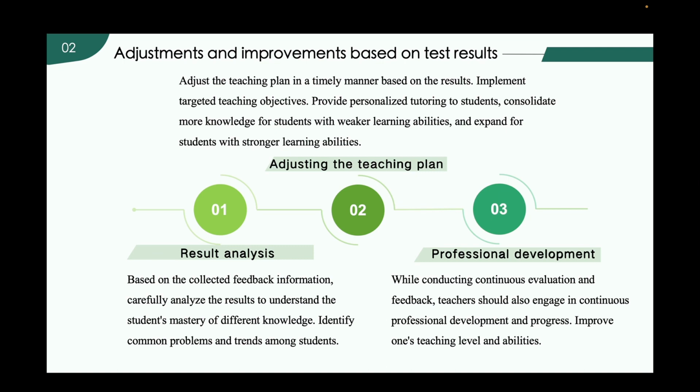Should we increase the explanation of the function knowledge point? Is it necessary to adjust the teaching method for this part of the knowledge point? Consolidate more knowledge for students with weaker learning abilities and expand for students with stronger learning abilities.